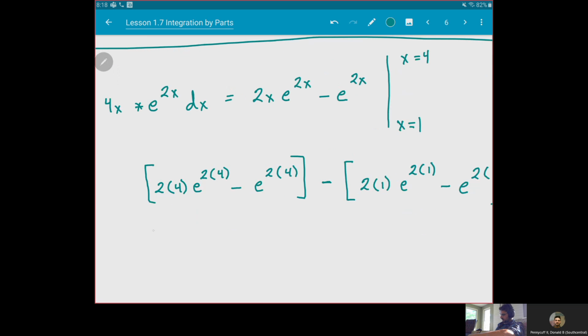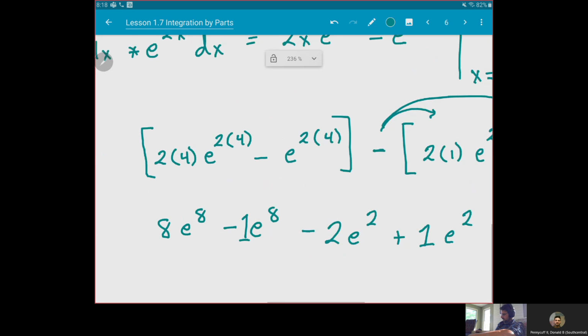All right, so this is going to give me 8 e to the 8 minus e to the 8. That's a 1 e to the 8. Distribute that. So that is minus 2 e to the 2 plus 1 e to the 2. Combine like terms, so that's going to be 7 e to the 8 minus 1 e to the 2.